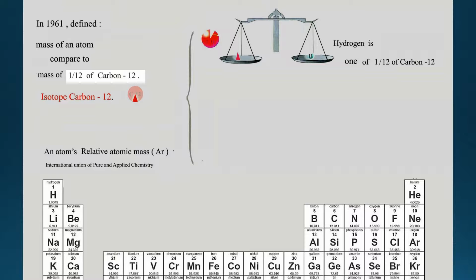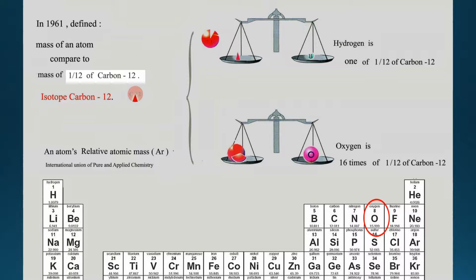And now let's take one example. I want to measure oxygen. What should the weight of oxygen be worth? The weight of oxygen is worth around 16 pieces of 1/12 of a carbon-12.